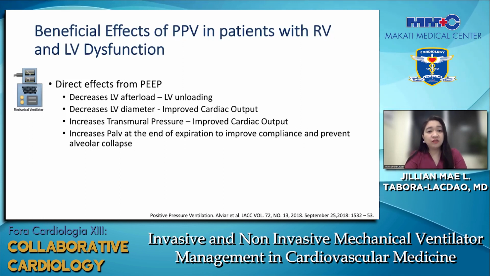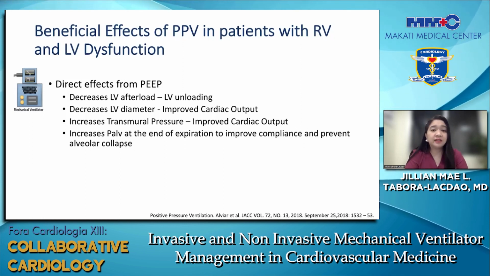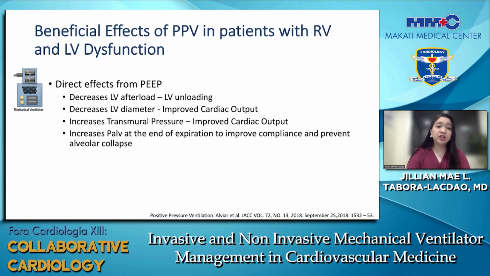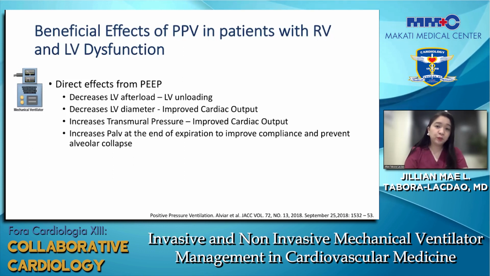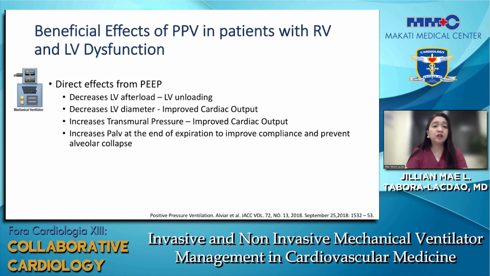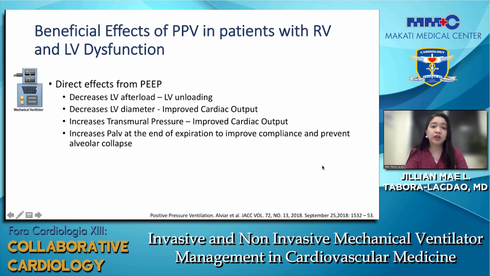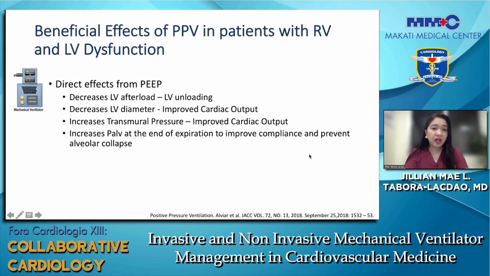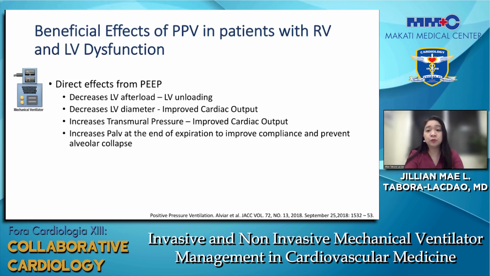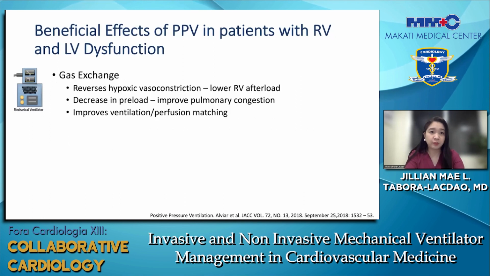It decreases the LV afterload to facilitate LV unloading. It decreases the LV diameter to improve cardiac output, increases transmural pressure for improved cardiac output as well, and increases the alveolar pressure at the end of expiration to improve compliance and prevent alveolar collapse.